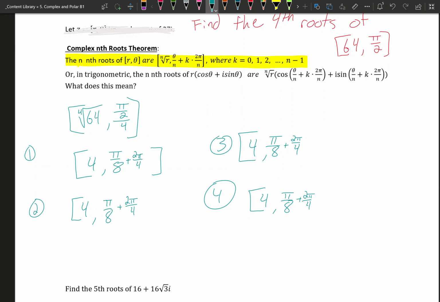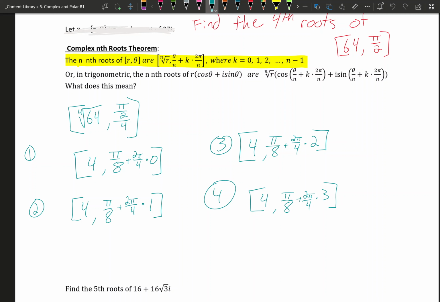And we need to multiply by k. It starts out with 0, 1, 2, goes up to n minus 1. Think about it as the same kind of number set as when we're looking at remainders, when we're dividing by a number. So this will start out with 0, this will be multiplied by 1, this by 2, and this by 3.